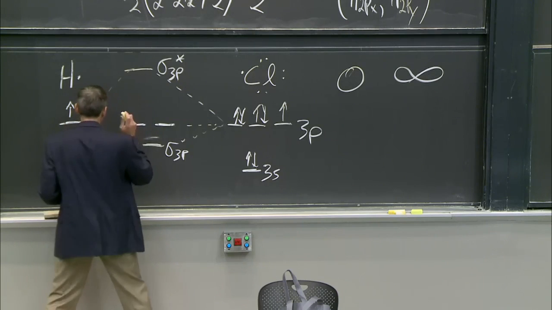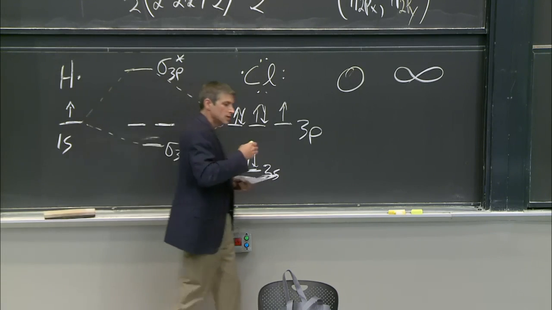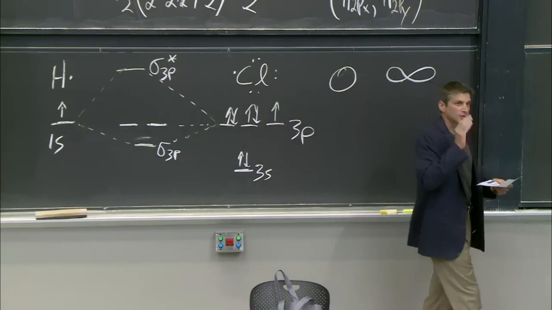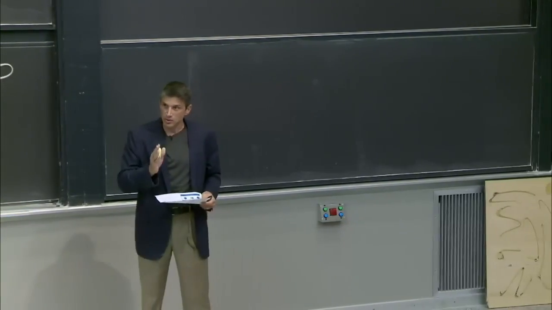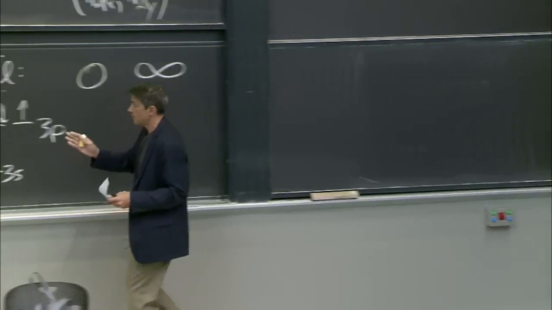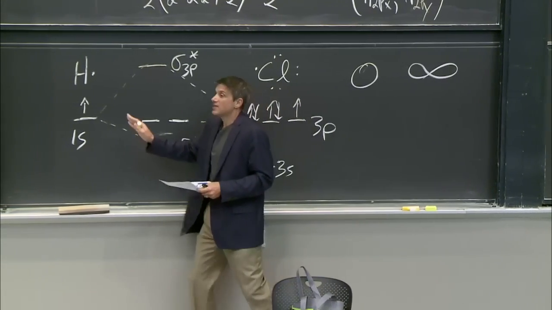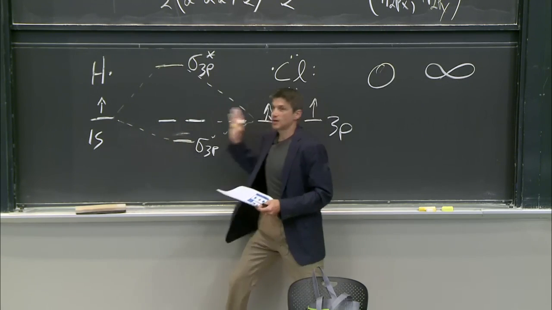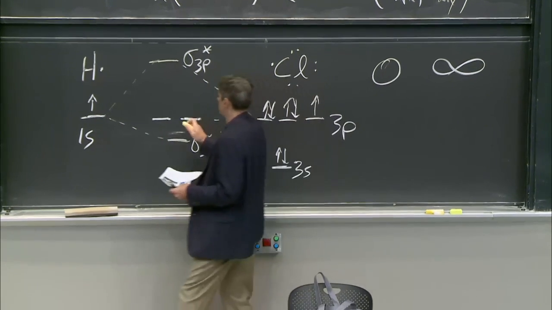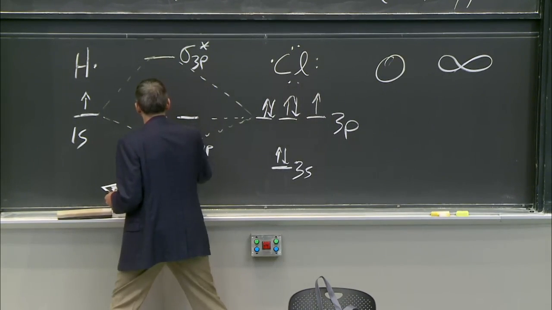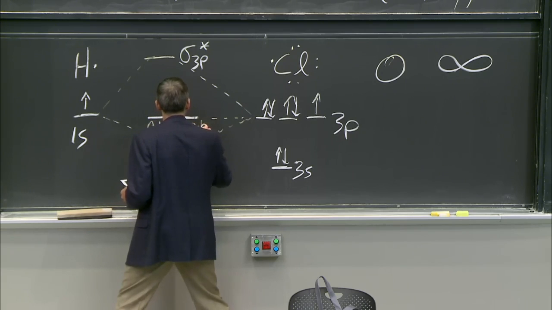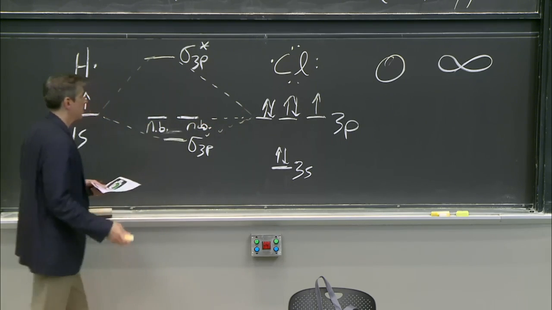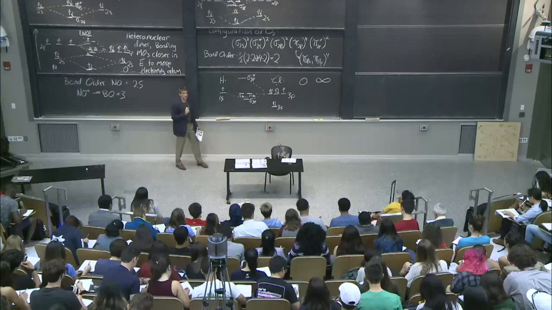So these are not pi orbitals. Sigma and pi are special names. They refer to these orbitals of the molecule that involve the LCAO, the linear combination of the atomic orbitals. These do not. N, B, N, B. That's what we'll call them, just to be very clear.